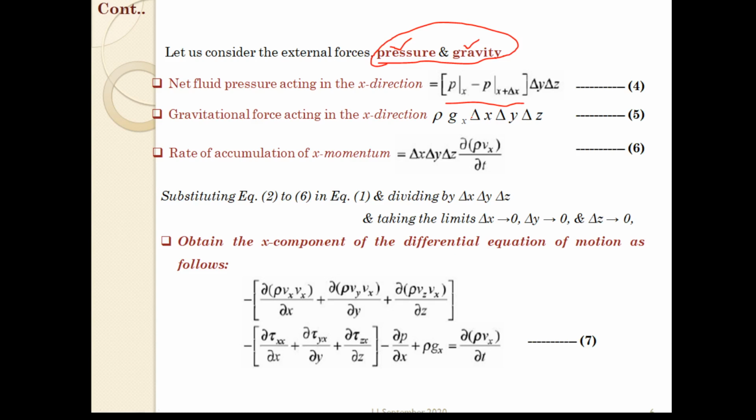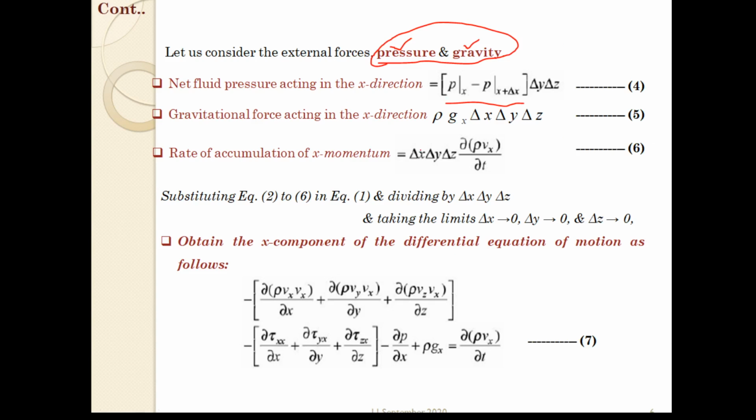So I'm pointing out once again that if we write the equation for the x component of the forces, whether the pressure force or the body force, all the other components, y and z, can be written in a similar fashion.